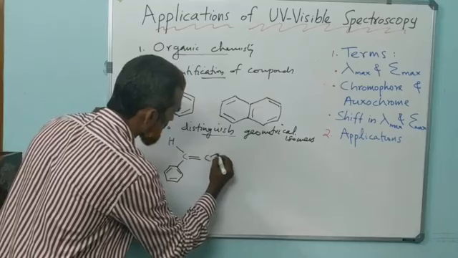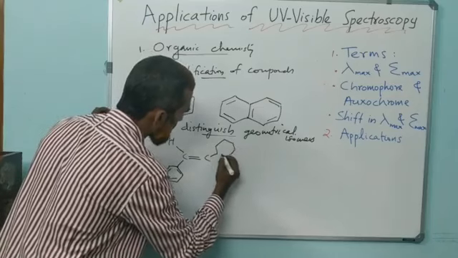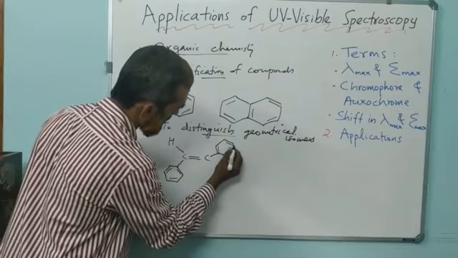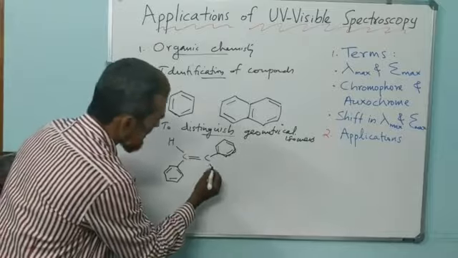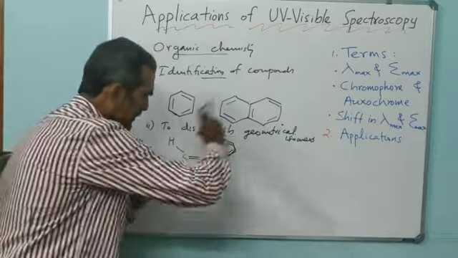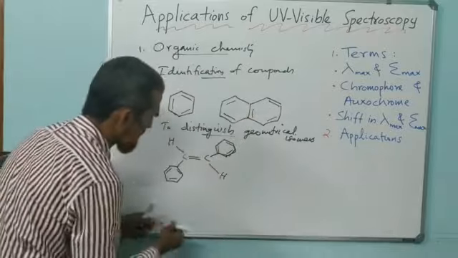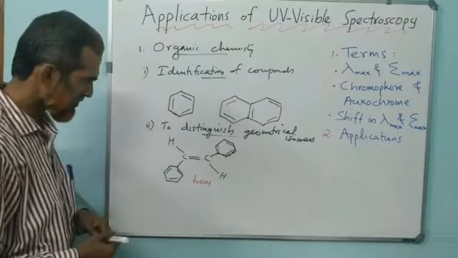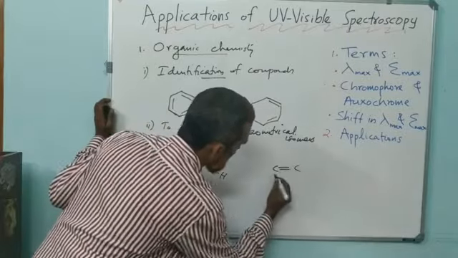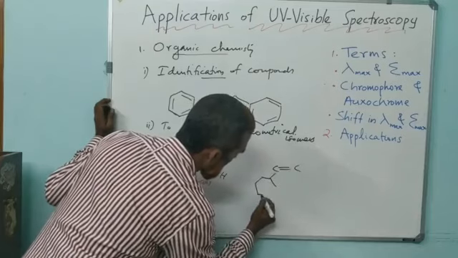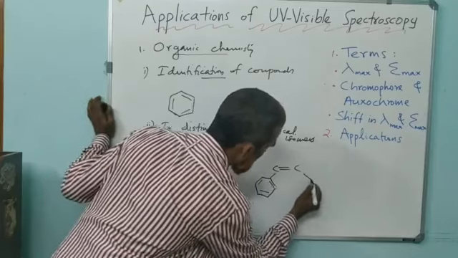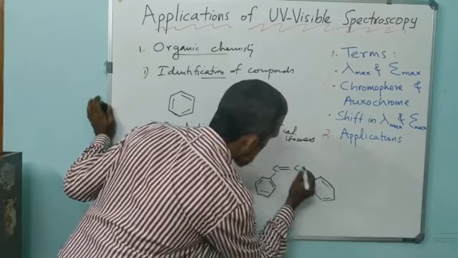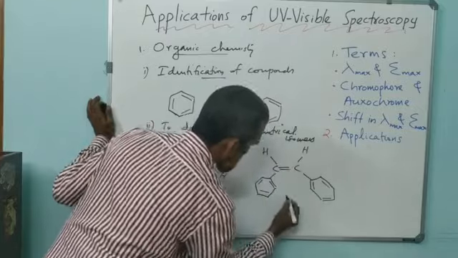Stilbene is this, having two benzene rings. You can see similar groups are on opposite side. So this is the trans form, and it will have a cis form also. Cis form, you know, it comes like this. This is the cis form.